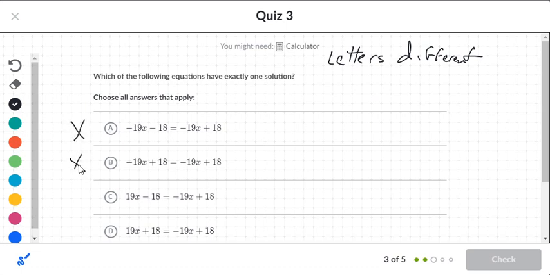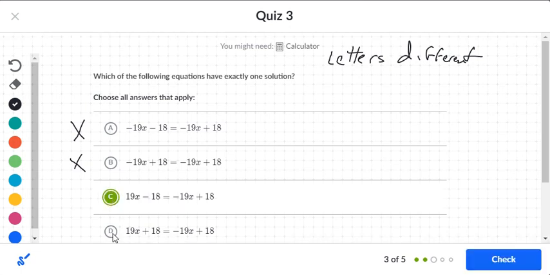B is no good because the letters are the same. C is good because the letters are different, and also the numbers are different too. D is good too because again the letters are different.